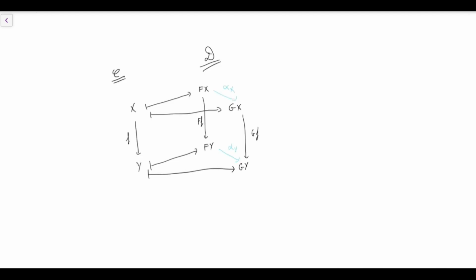So if we start from where we were before, we had two categories C and D, two functors F and G, and we were giving ourselves, as part of the natural transformation, a family of morphisms in D, alpha x, alpha y, etc., such that for any morphism f in C, the corresponding square in D would commute.